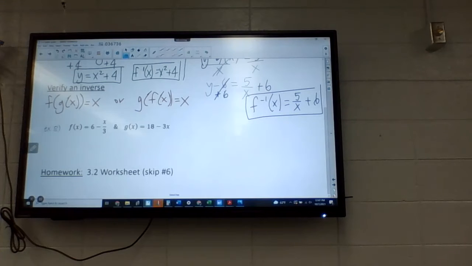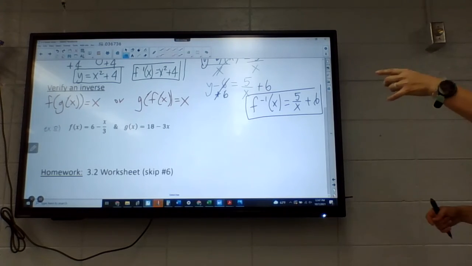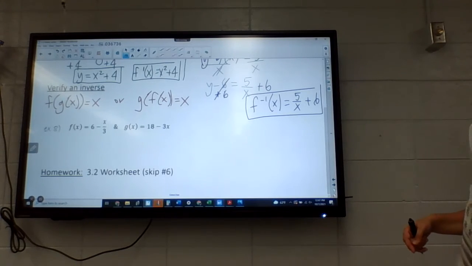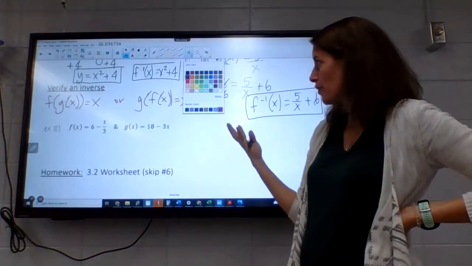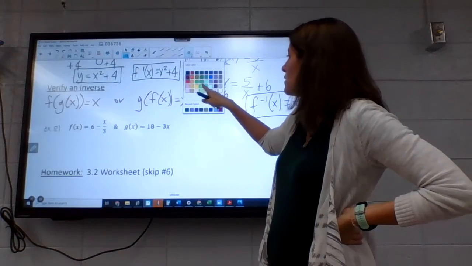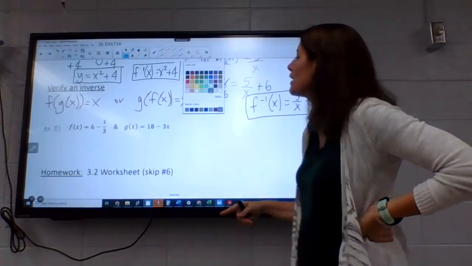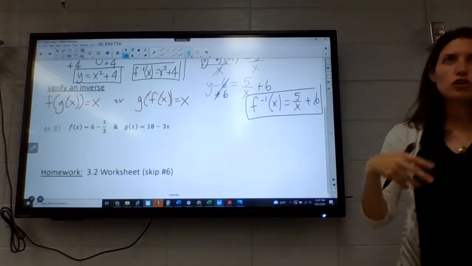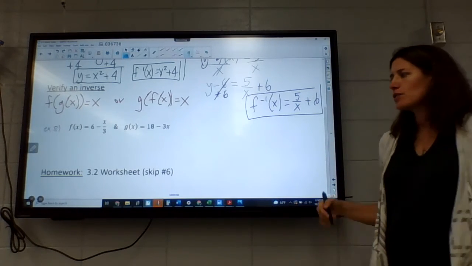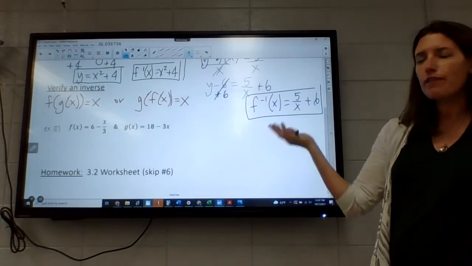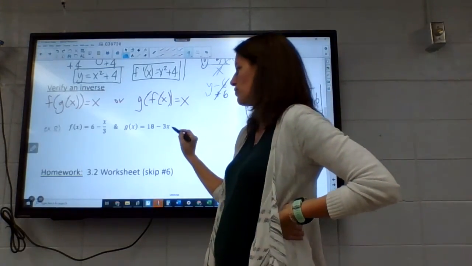So that's what we're going to do here, we're going to put this into the other one. It doesn't matter which way you go, they both will give us the same outcome if it works. Typically these do work, but you have to show your work. You can't just say, yep, it's good, I checked it in my head. When I say verify or show, you actually have to do that.